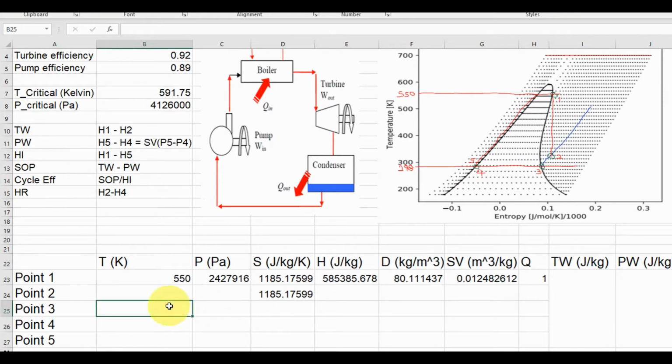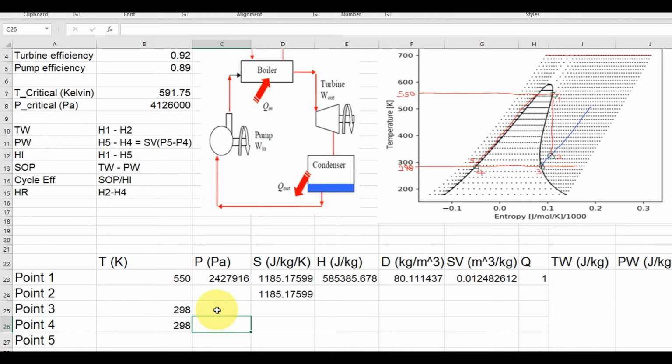So the temperature here is 298 at point 3. The temperature at point 4 is 298. And then we can find the pressure at point 3 and at point 4 as well as point 2. So the pressure at point 3, point 4, and point 2 will all be the same.